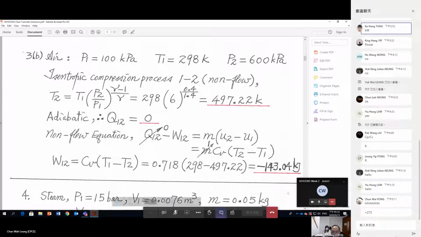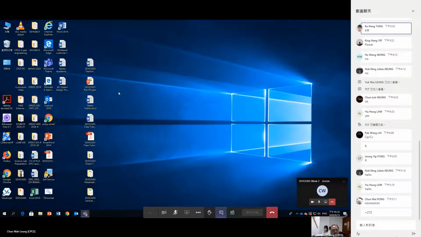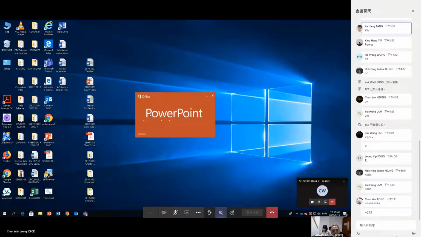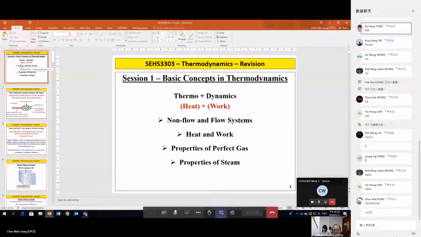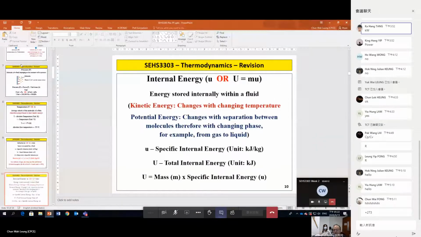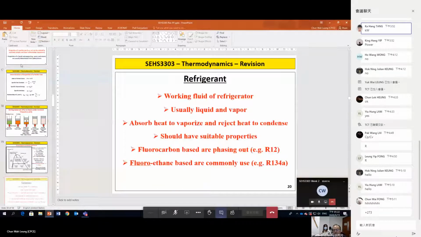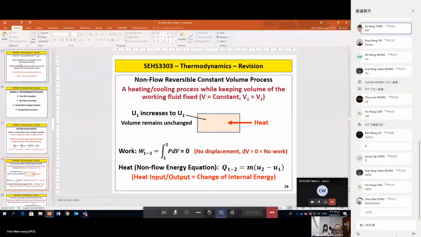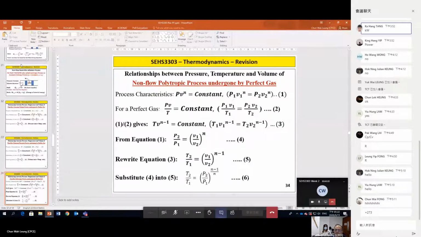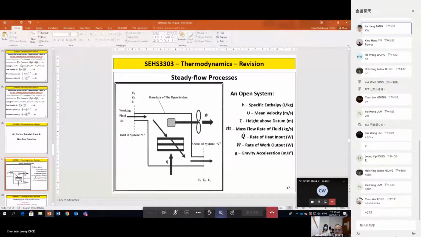有問題？好啦嘛，冇咧，我哋就開始講第二樣啦。In that case, then let us change to the flow, a flow system.